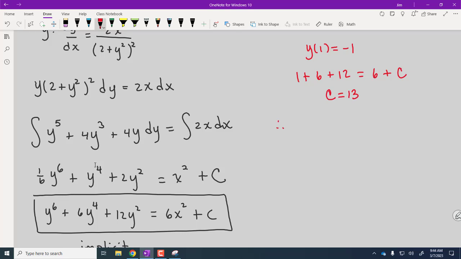So therefore, our particular solution for this initial value, let's see, that's y to the 6th plus 6y to the 4th plus 12y squared equals 6x squared plus 13.